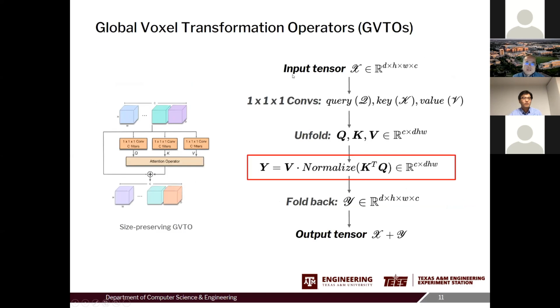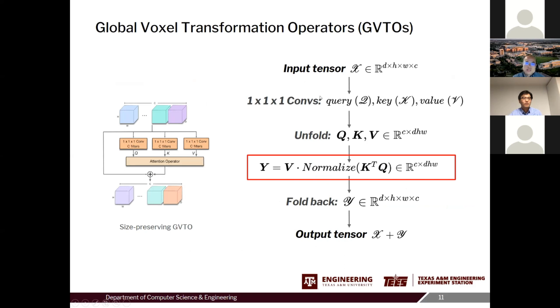So we can apply the attention operator to high order inputs. For example, if your input is high order data like images or even volumetric images, so if you have an input tensor, for example a four-way tensor here, usually you can apply different convolutions to obtain query, key and values.